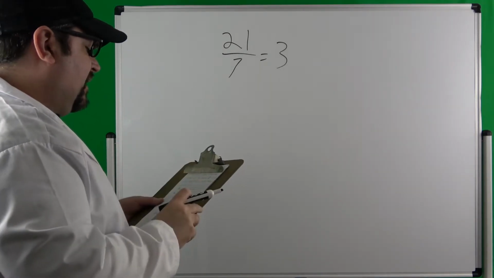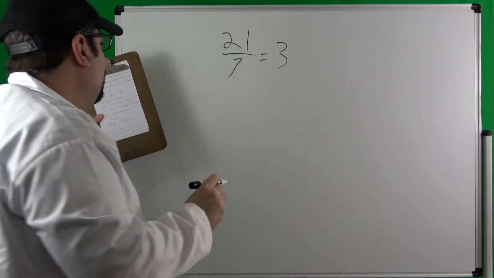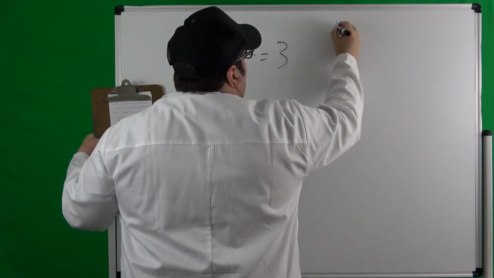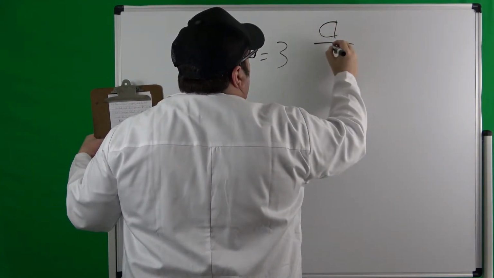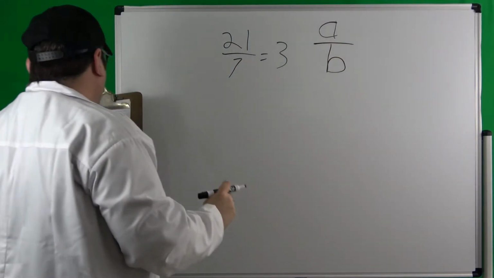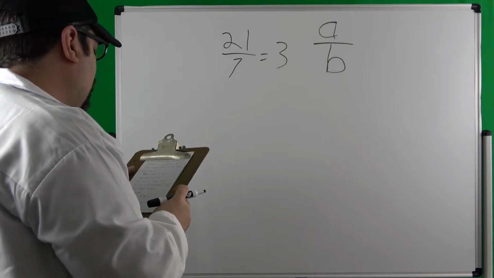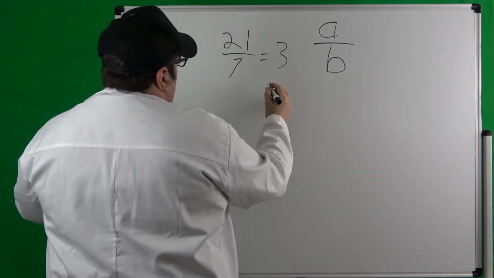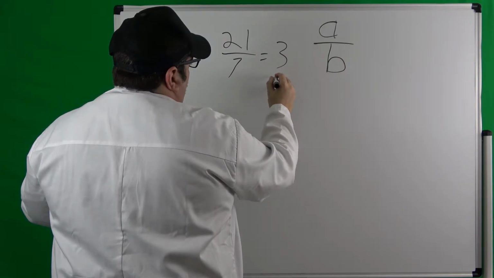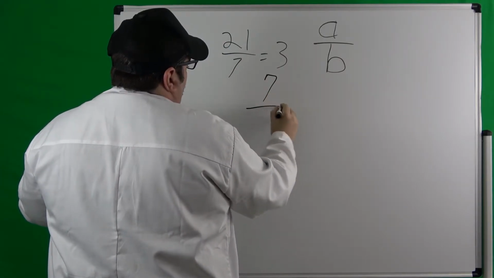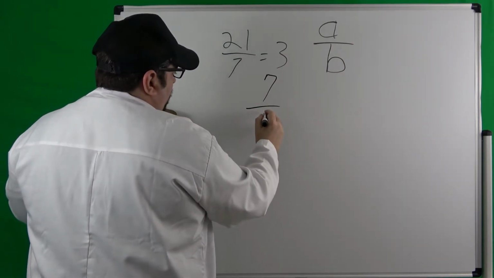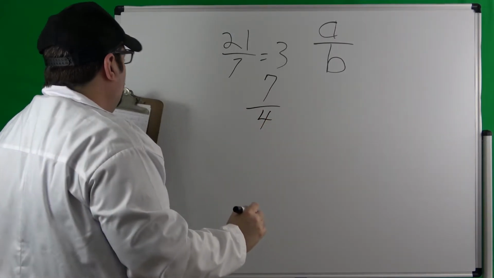What if A is odd and B is even? I'll go ahead and write this up here. It's A over B that we're testing. So if A is odd and B is even, 7 over 4.